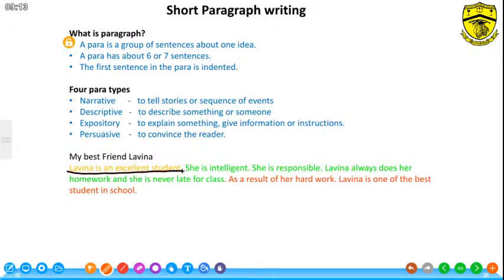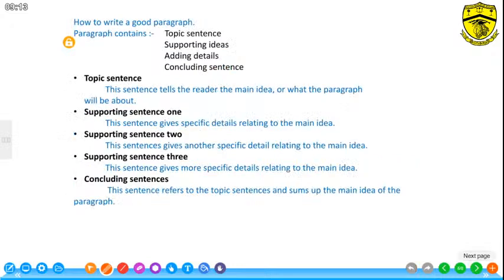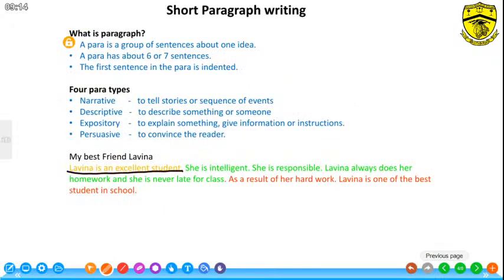So first the topic tells who your friend is, the name, my best friend Lavina. Then supporting ideas. A paragraph contains first the topic sentence, then supporting ideas adding details, and the concluding sentence. So we have to move to the other sentences.